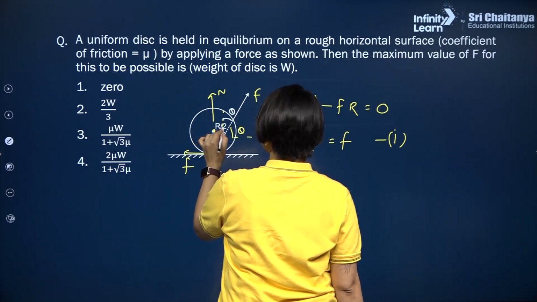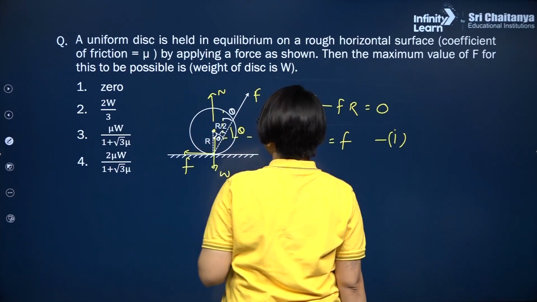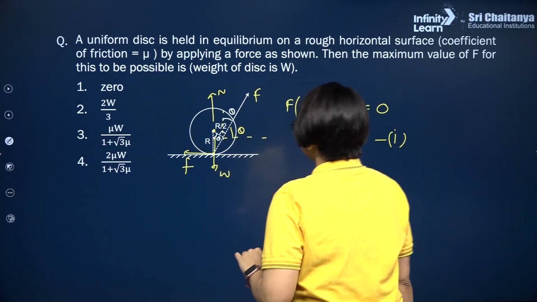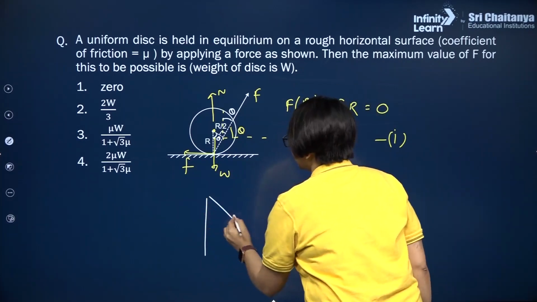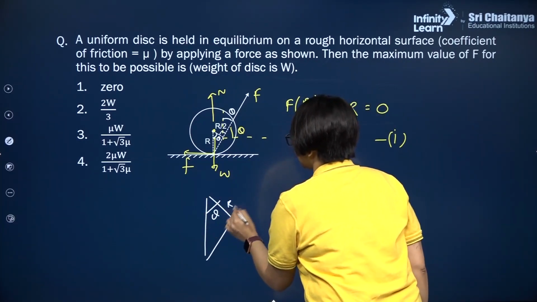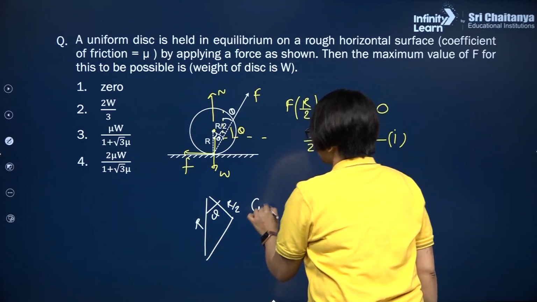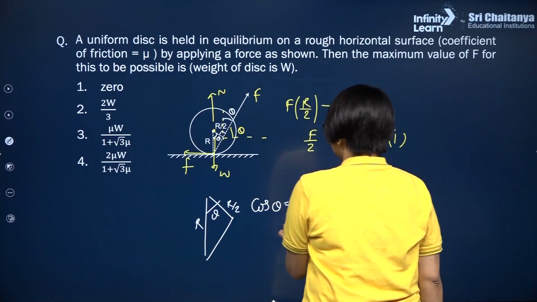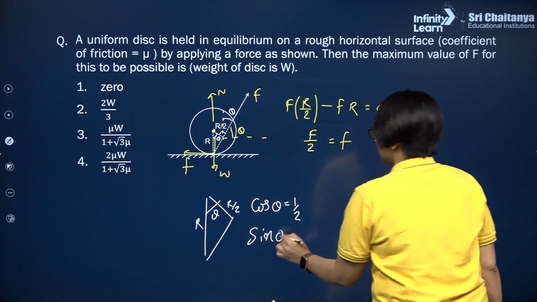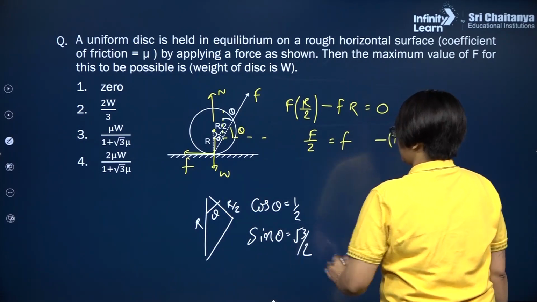From this right angle triangle over here, this is theta, this is r by 2 and this is r, so cos theta is 1 by 2 and sin theta will be root 3 by 2.